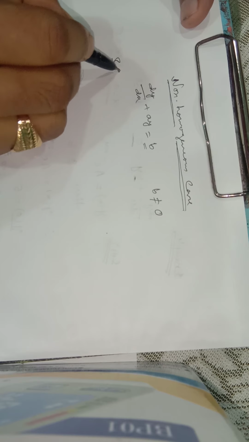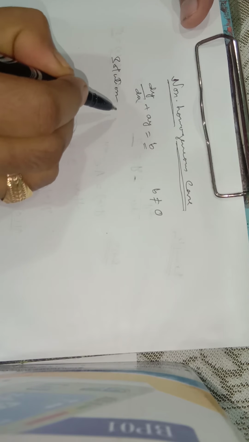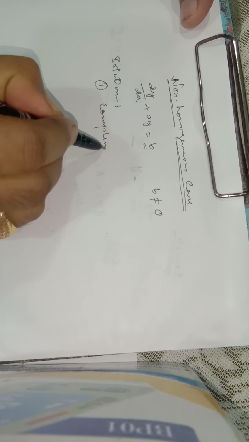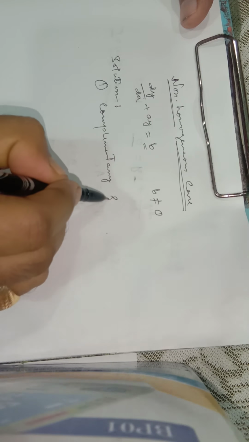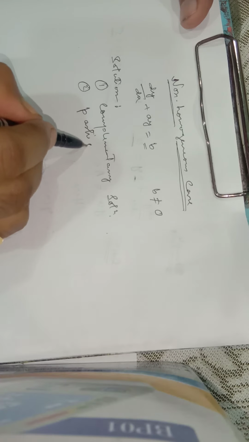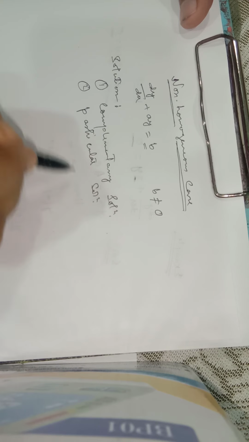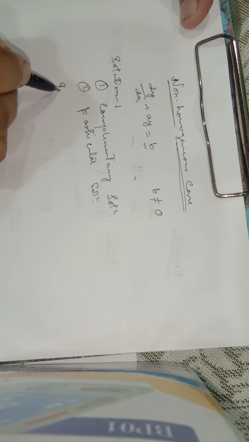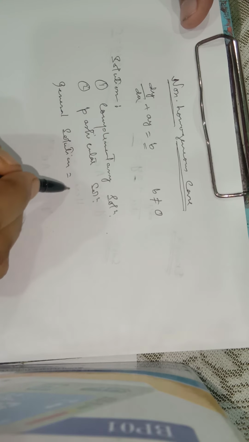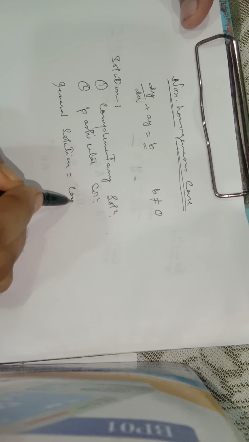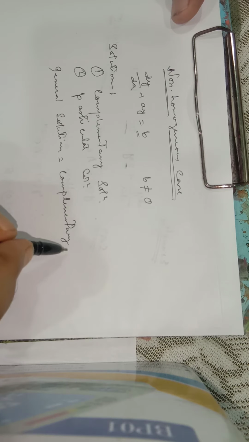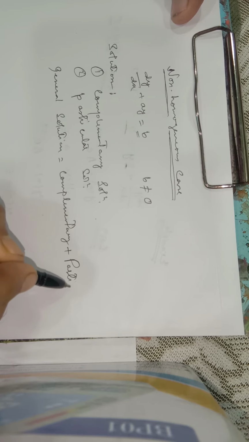Now the solution of the non-homogeneous case involves, number one, the complementary solution, and number two, the particular solution, and the general solution we will get after summing up the complementary solution plus the particular solution.